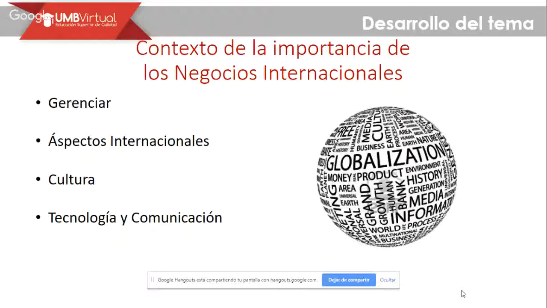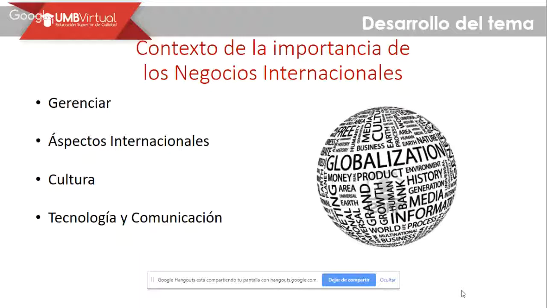So, to get to that successfully, we have to manage our business properly. We have to find the international aspects of our business, of our clients, and of our business environment, and we have to take that into account very carefully.